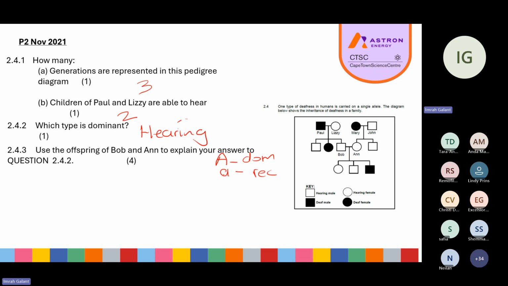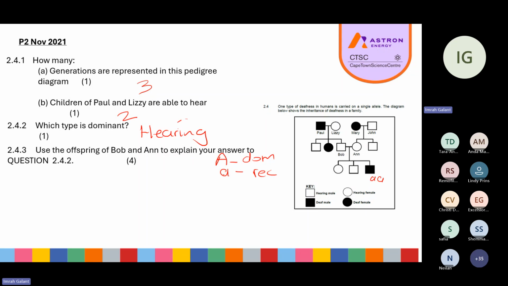Because one of the children of Bob and Anne is deaf, we can definitely say that their genotype has to be homozygous recessive. And because that child is homozygous recessive, this child had to have inherited both of these alleles from their parents.